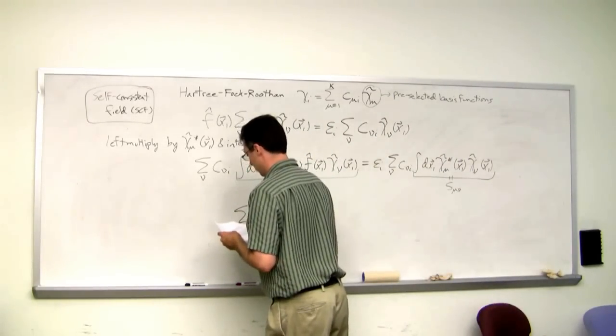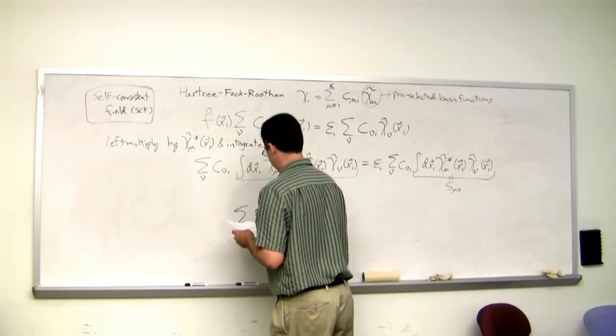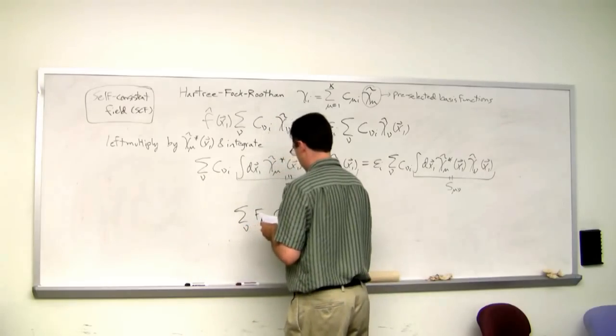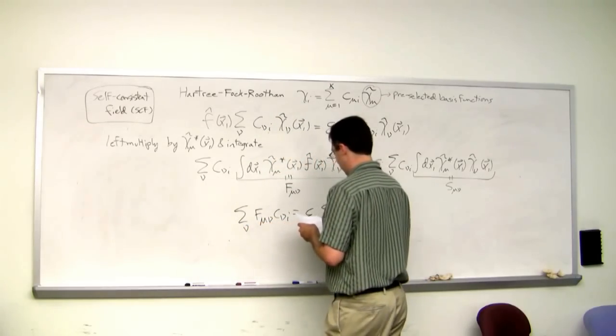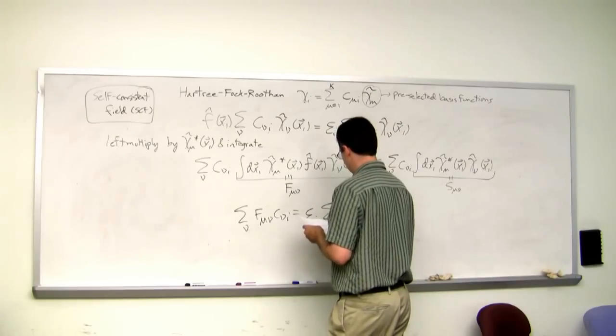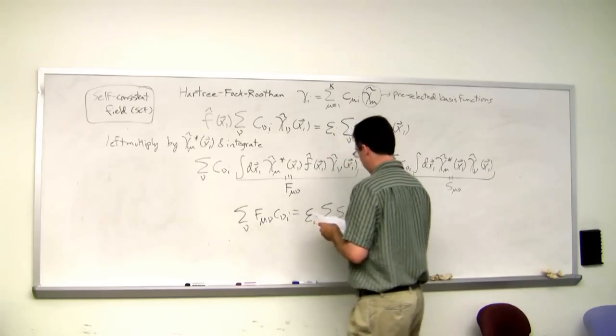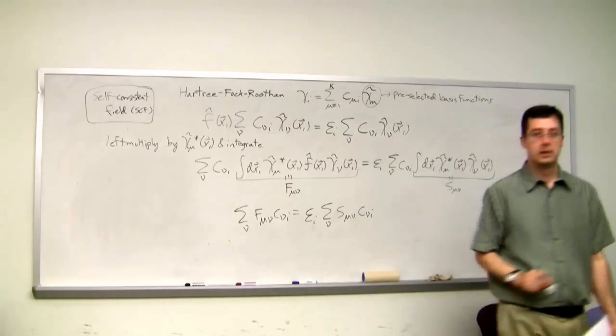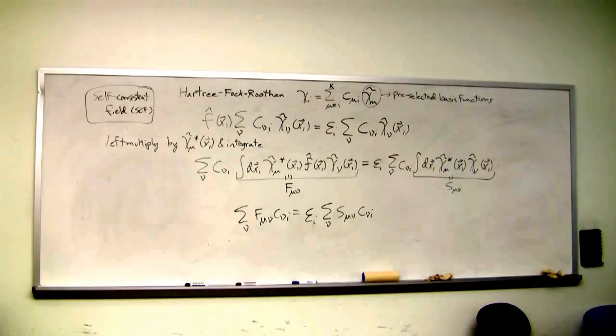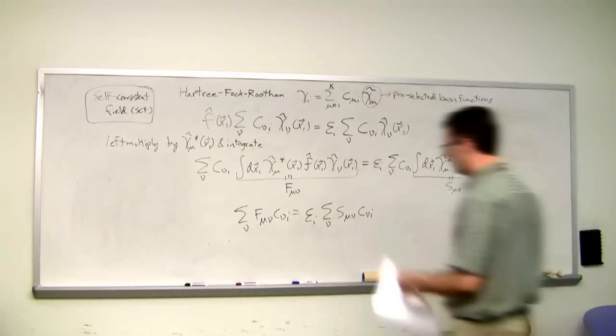It's a sum over nu, F mu nu, C nu I equals epsilon sub I, sum over nu, S mu nu, C nu I. Now, if any of you have worked much with matrices, you can immediately see this equation is true for all I. But I could also write this in a matrix form.